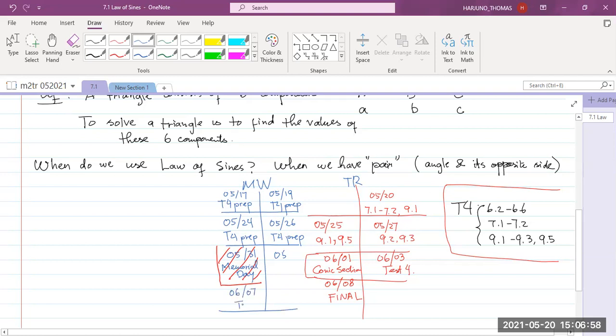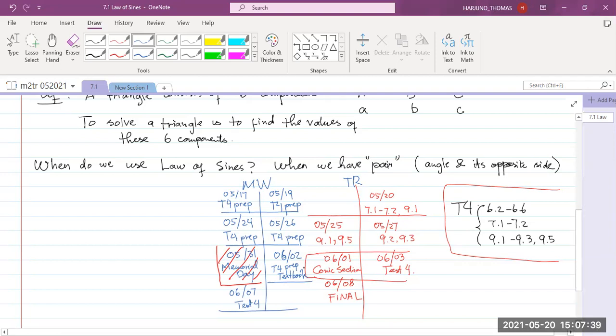That's their test 4. On June the 2nd for them, they will still have test 4 prep, but this is from going over chapter tests from our textbook. Usually one Monday, Wednesday meeting before the test, I will go over the chapter test from our textbook.